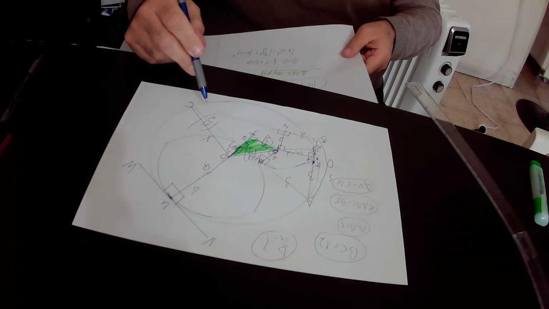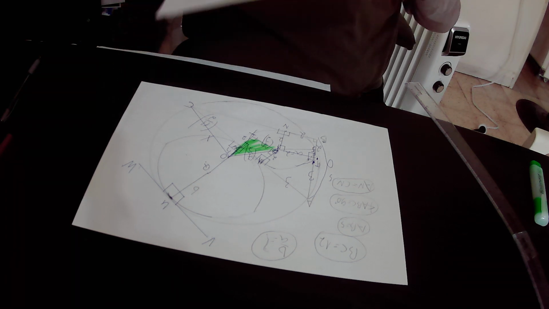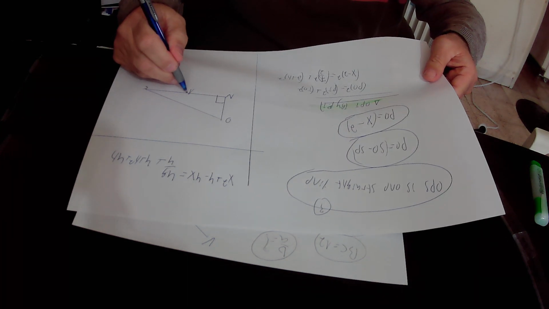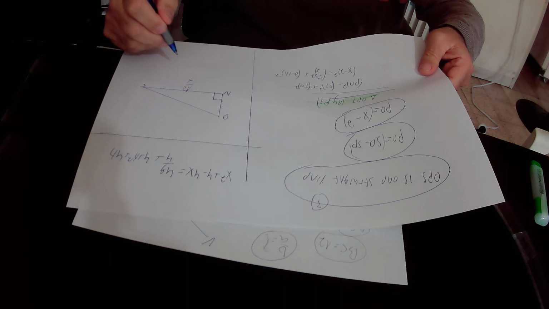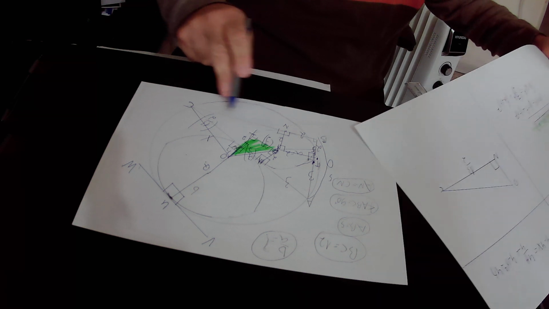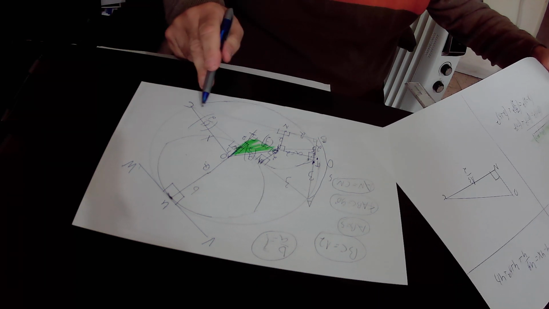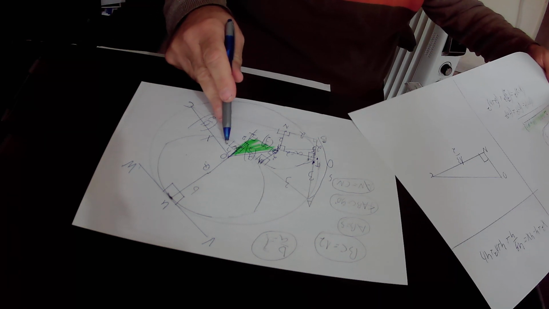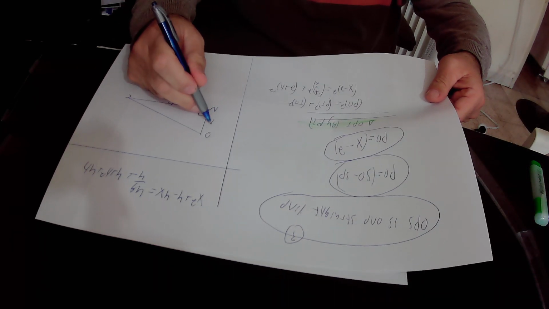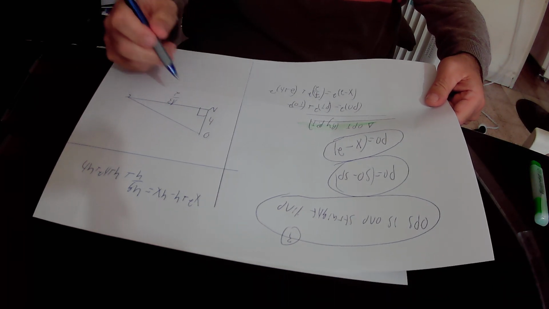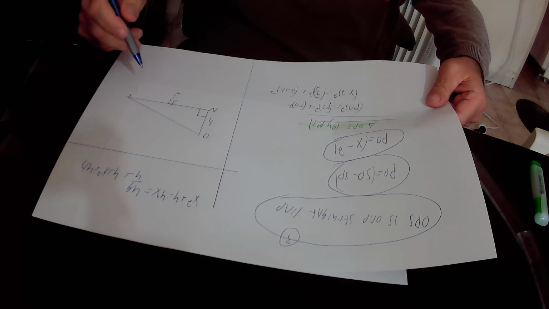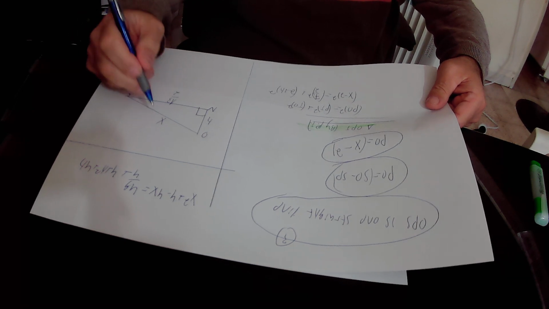NC equals 13 over 2, according to what we have already found out. NO equals h according to our definition. And OC is the hypotenuse, it is the radius of the biggest circle that is equal to x.